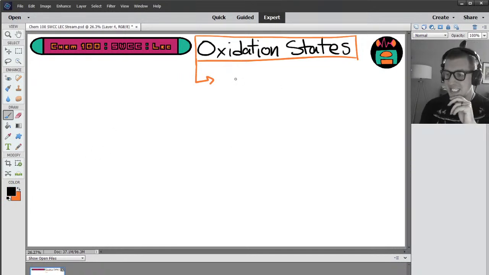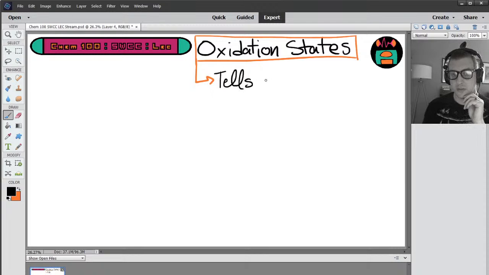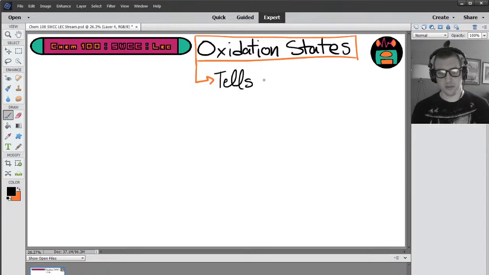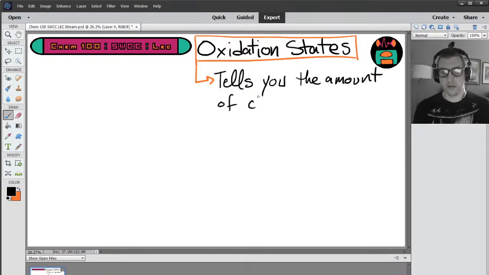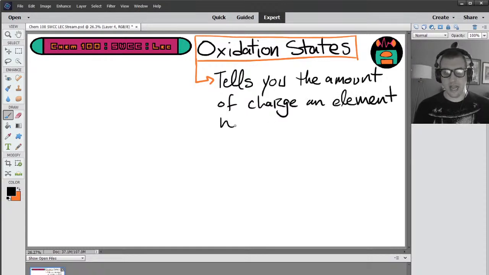An oxidation state tells you the amount of charge an element has in a chemical species.